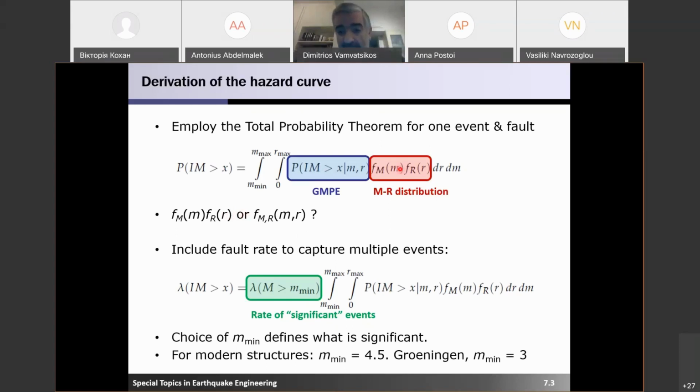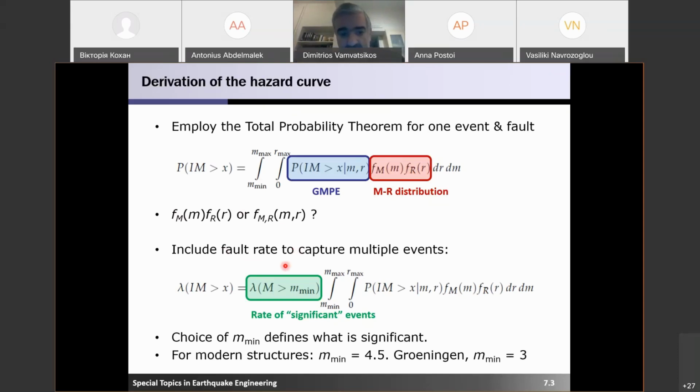So in reality, this is almost never correct unless you're talking about a point source. For all other cases, you should talk about the joint. And if you remember, even for a point source OpenQuake understands that there is a plane, so it will have some kind of a fault and some kind of a rupture of that fault. So it's a joint distribution in reality. But for now, because we're going to do some simple examples, we're just going to keep them separate because it's easy.